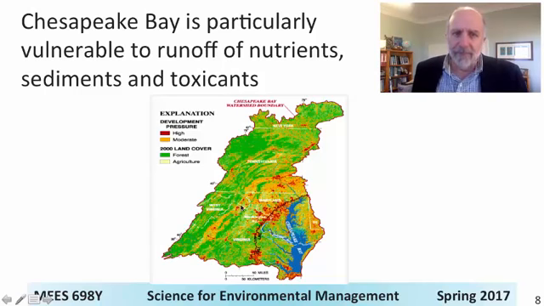You can see this urban development, but also agricultural development, those stripes in the valleys of the Ridge and Valley, and of course the entire eastern shore, and lots of the western shore is developed as agriculture as well, and then forested areas up in the Appalachian Plateau and some of these Piedmont areas as well.